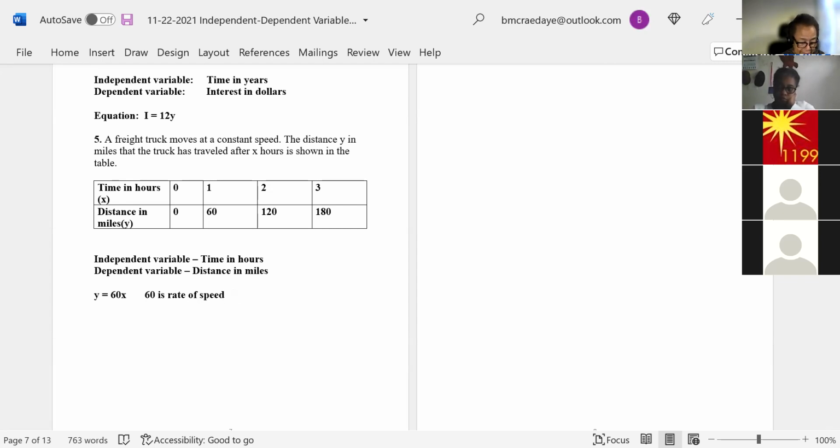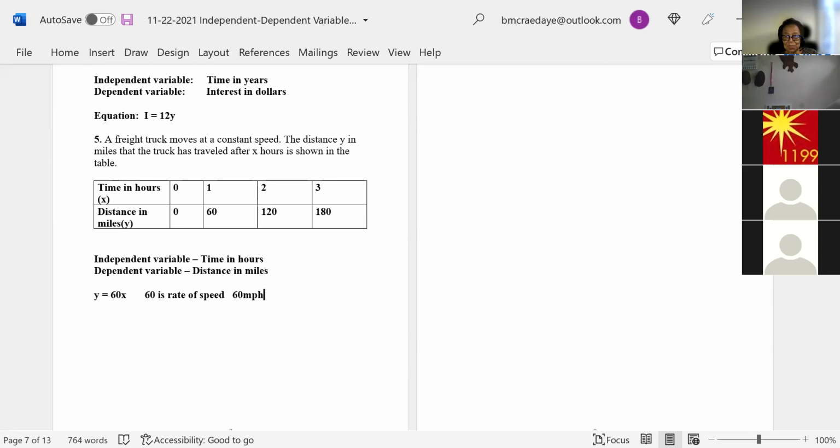We can say 60 miles per hour. So this truck is traveling at a constant speed of 60 miles per hour. So every hour it travels, it goes 60 miles, right? So if he travels 4 hours, he would have gone 240 miles.